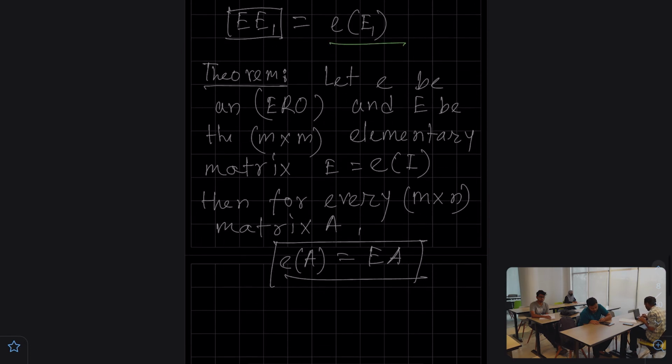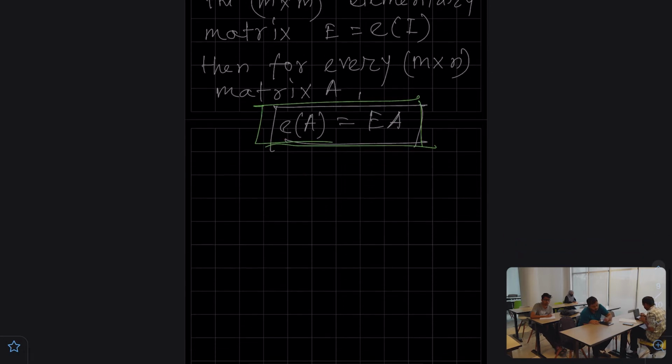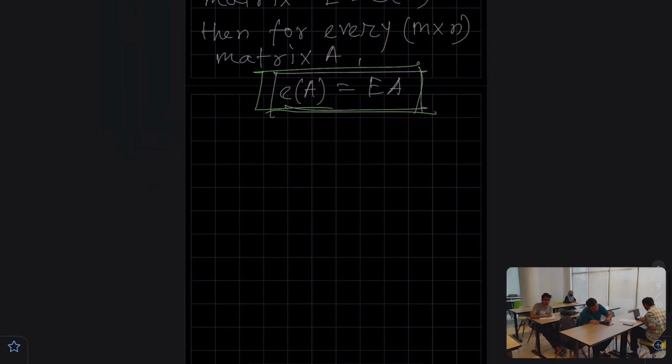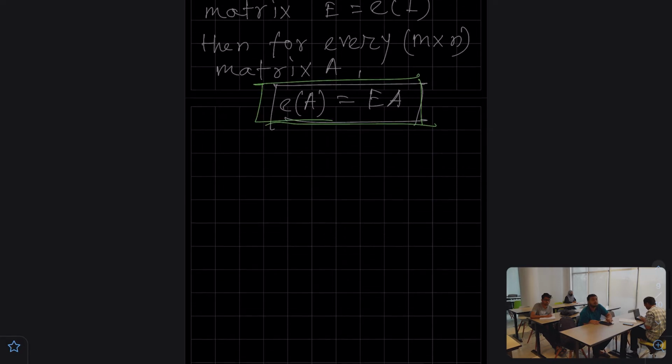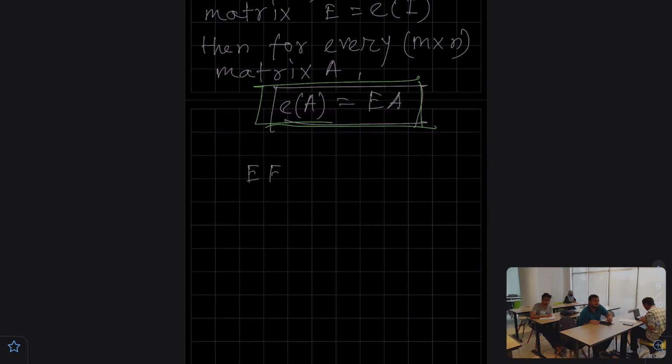So compare these two definitions. Does it make sense? Okay. So now, E1 is equal to E of E1, and E1 is what?